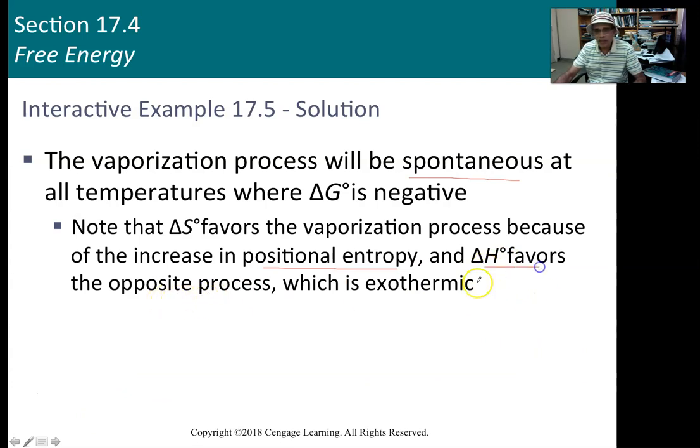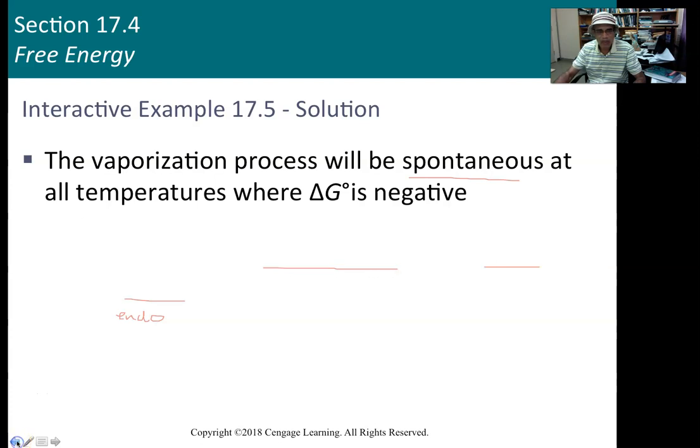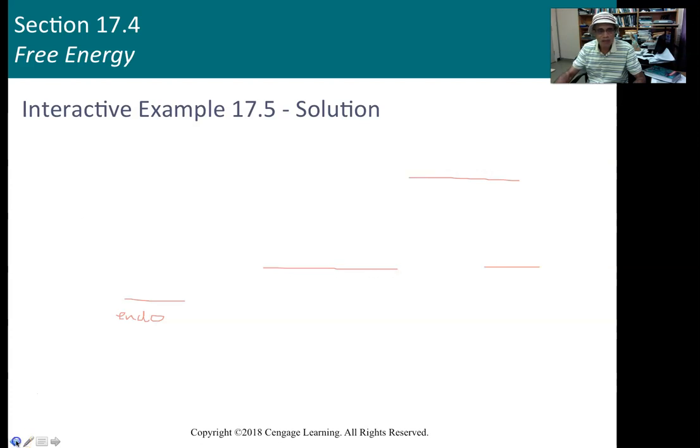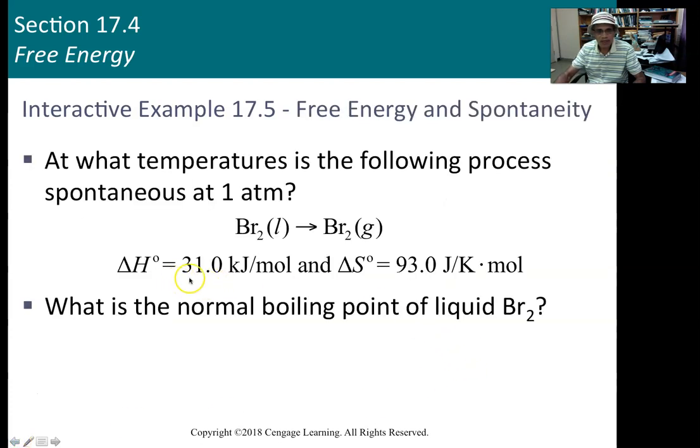Why is it favoring the opposite process? Because this process of vaporization is endothermic. Why is it endothermic? Well, you see it here. This is endothermic. It's a gain in energy. It's a positive value.